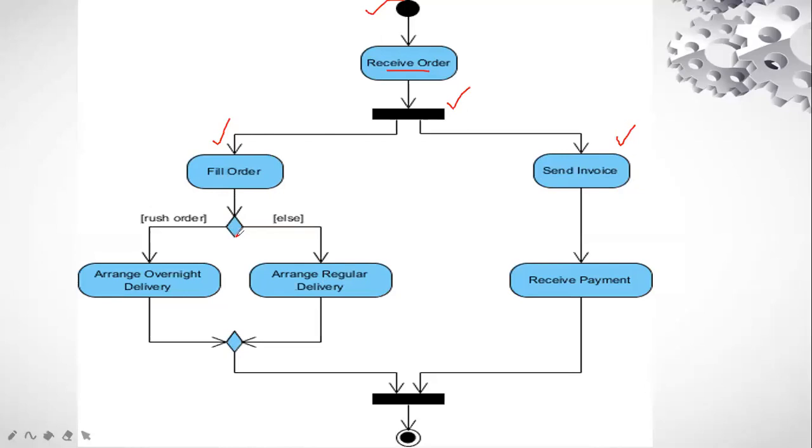So we have a decision box here to test the condition. If it is overnight, then we have to rush the order, else we arrange the regular delivery.